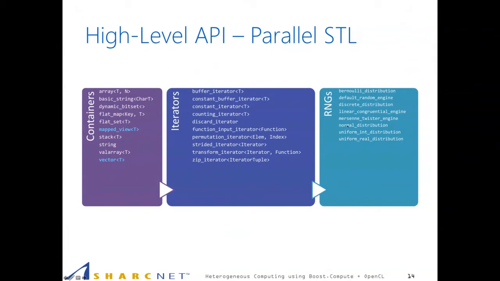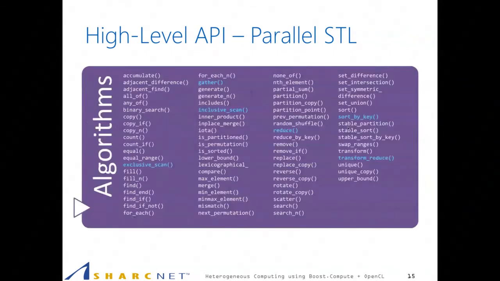And there are also random number generators like the ones that you can find in C++11, for example, normal distribution, uniform integer distribution, and so on. But there is a wide range of algorithms, and you can see the list of them here. Those in blue are parallel algorithms, which are unique to Boost.Compute. In a serial version of STL, you can't find them.